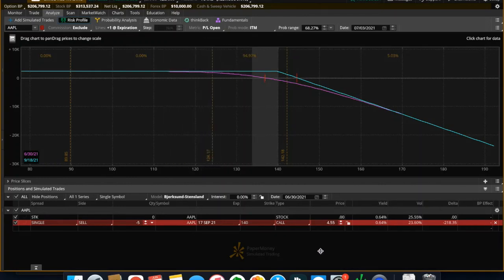In this case, you're going to make, in the neighborhood of $2,200. But what's interesting is that if this thing goes up, you start losing and losing and losing, basically to infinity. So knowing that, in terms of managing your risk, would be really valuable to say, wow, I have unlimited risk on the upside. Not sure I want to enter a position like that.